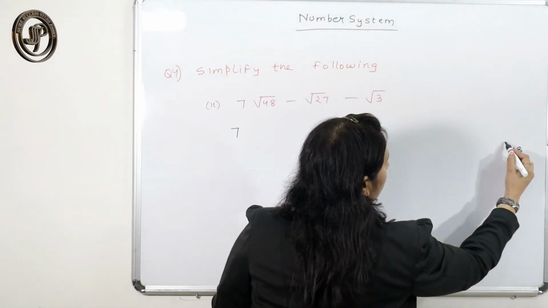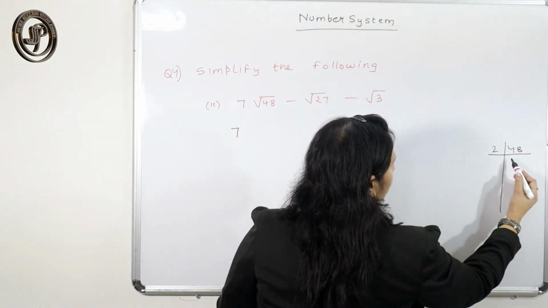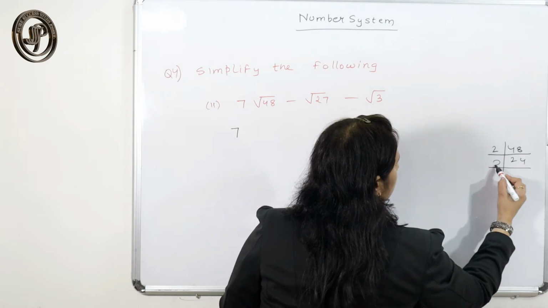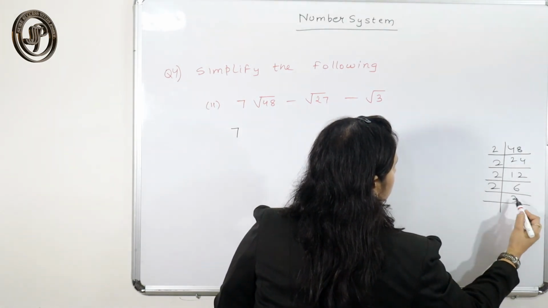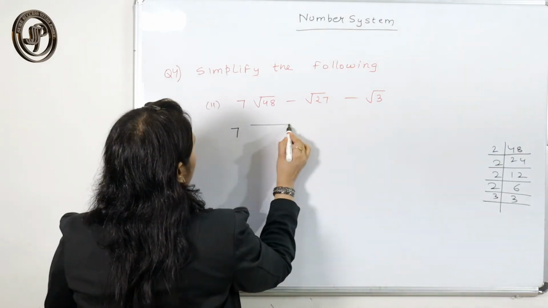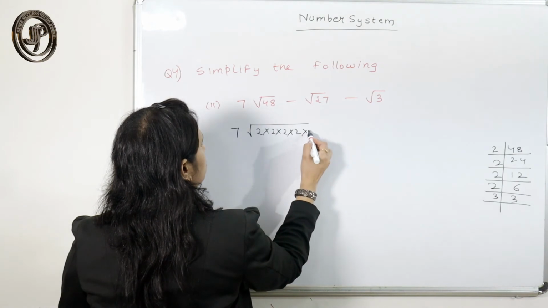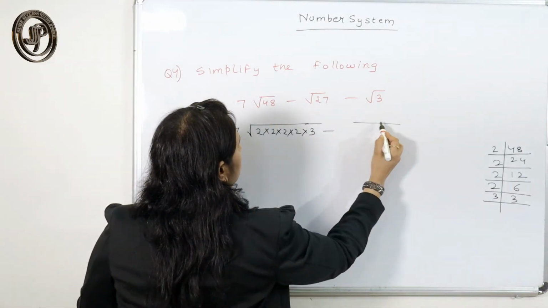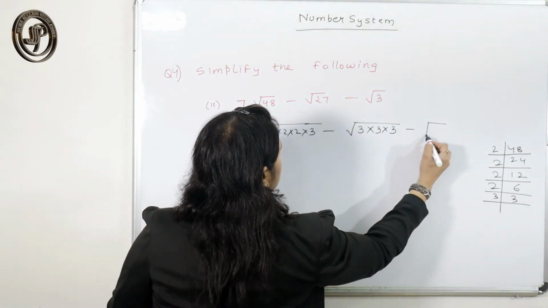You can find the prime factors of 48. The prime factors of 48 are 2 into 2 into 2 into 2 into 3. Root 27 prime factors are these.